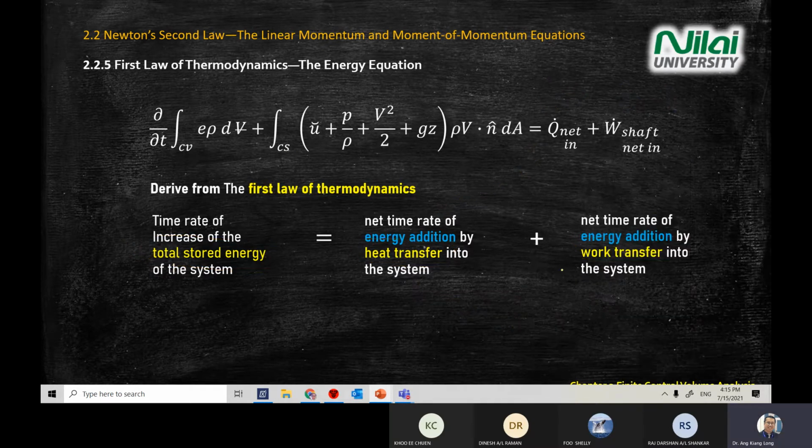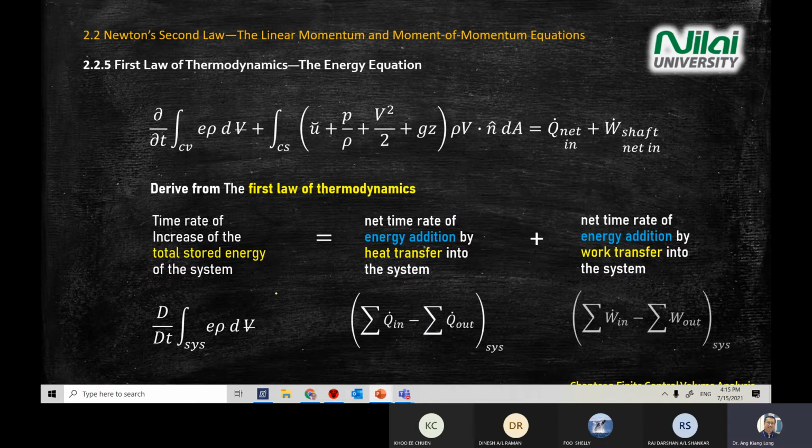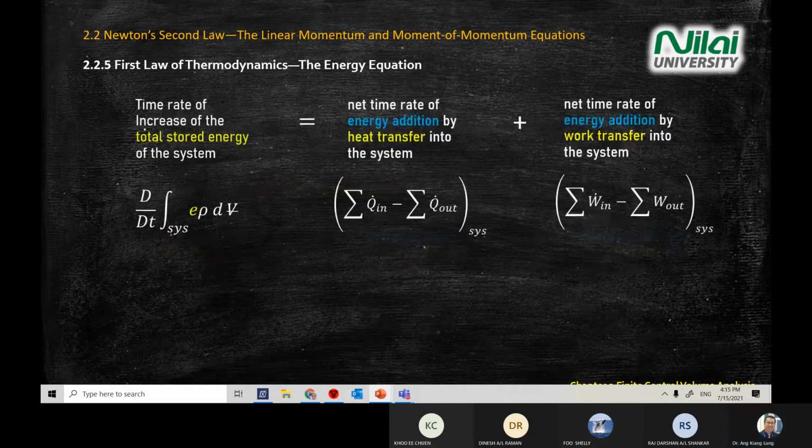All right. Now, once we've done this, I'm going to go very fast. Just now we talked about the total energy. You can write it as an integration over your system. Then heat is Q dot, plus the work, which is W dot.